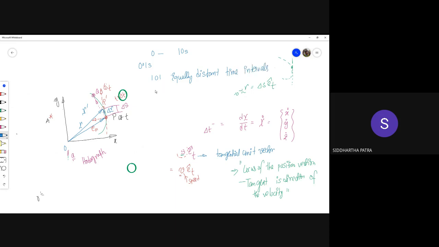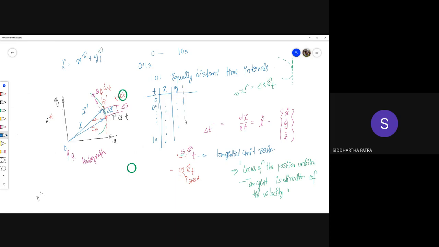Okay, and at each, so let's say the time is 0, 0.1 up to 10. At each of these time points, if I can actually track the particle, I can note the x and y coordinates of the particle at each of these times. When I make a Cartesian vector out of this x and y, then I'll have the position vectors.